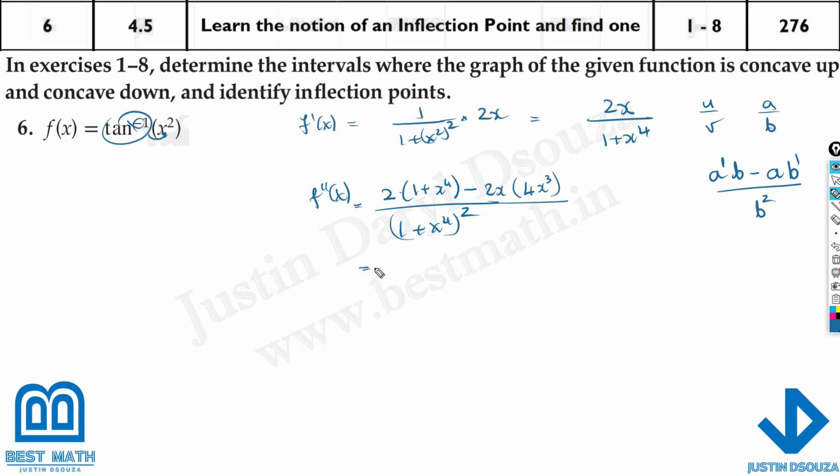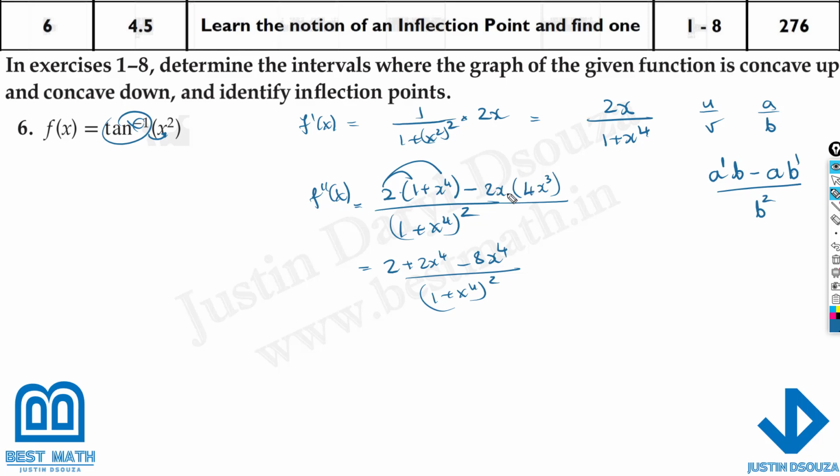Now let's simplify it, because you cannot just equate this to 0. We have to simplify and get it into reduced form. Denominator is the same. That's fine. Let it be there. That is not so important. The numerator is very important because that will be equal to 0, isn't it? Here this 2 is multiplied inside, so it's going to be 2 plus 2x power 4. Then this also is multiplied, minus 2 times 4 is 8, x and x will be x power 4.